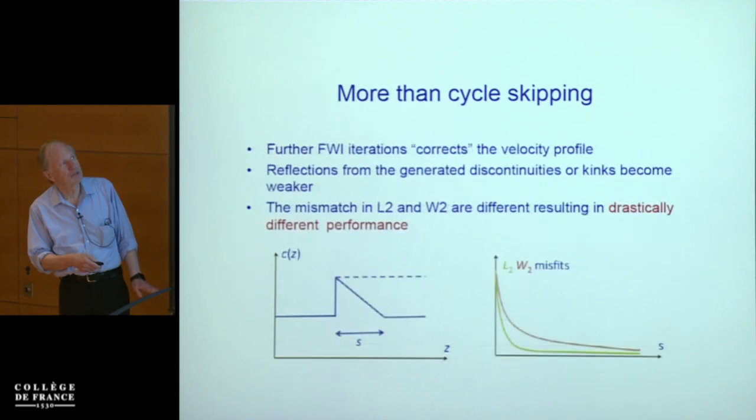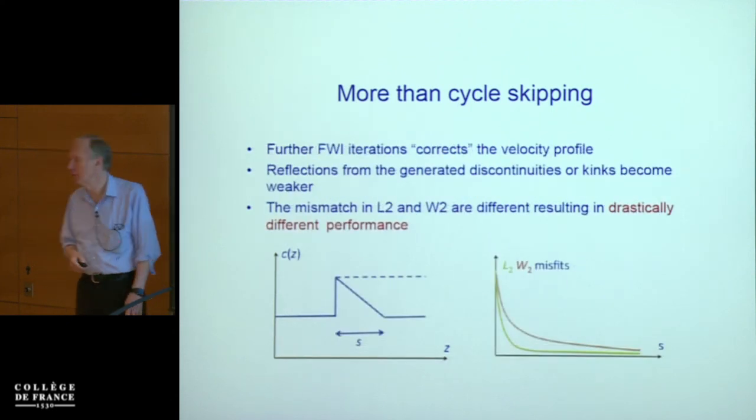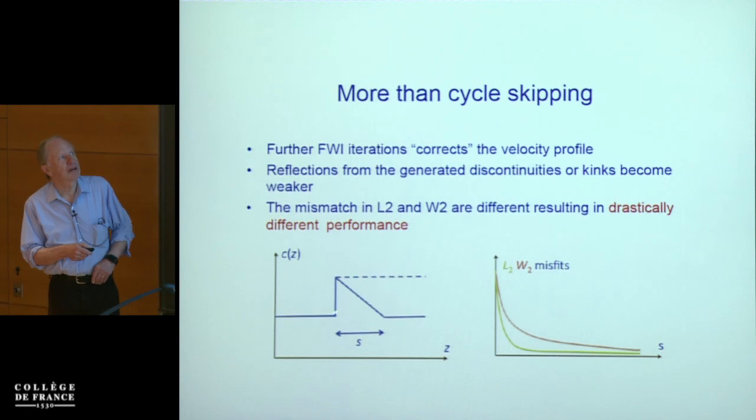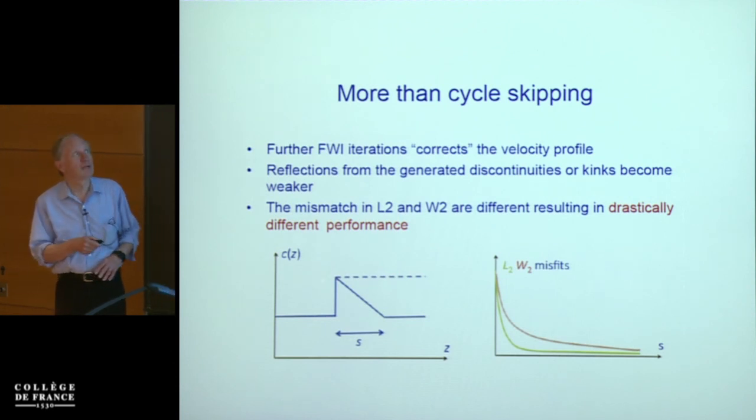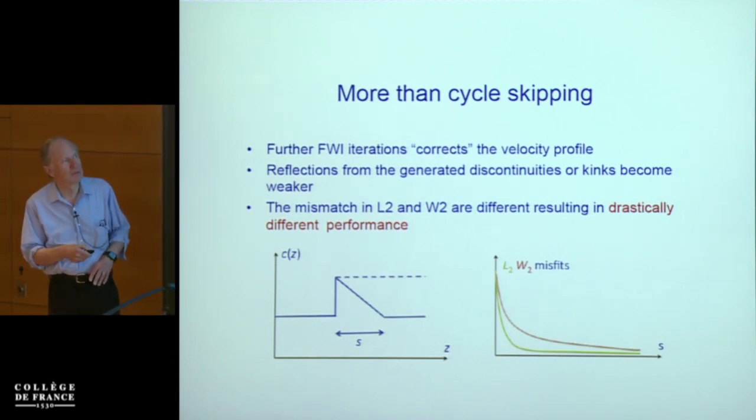What is the difference between L2 and W2 in this case? What happens is that during this correction, you get a fill-in with velocity by the minimization process behind the layer here in order to compensate, so the layer looks like that. And if I look at the profile, it looks pretty linear, so I just draw this over here.